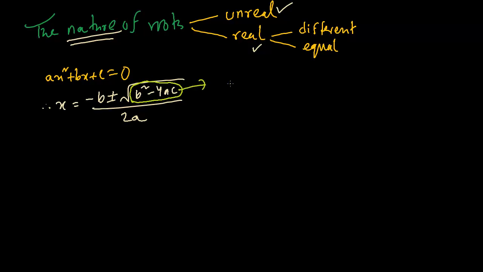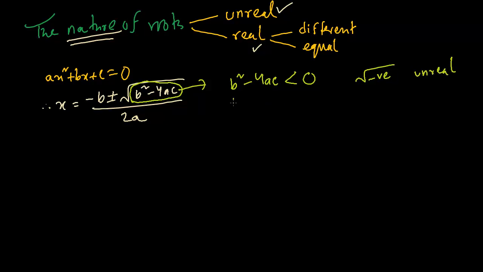So if b squared minus 4ac is negative, written as less than 0 in math, this is how we write negative numbers, that means inside the square root there would be something negative, and we know it is not possible to find the value of the square root of a negative number, so it would be unreal root. So if b squared minus 4ac is less than 0, the roots would be unreal. So we know the nature of the root.